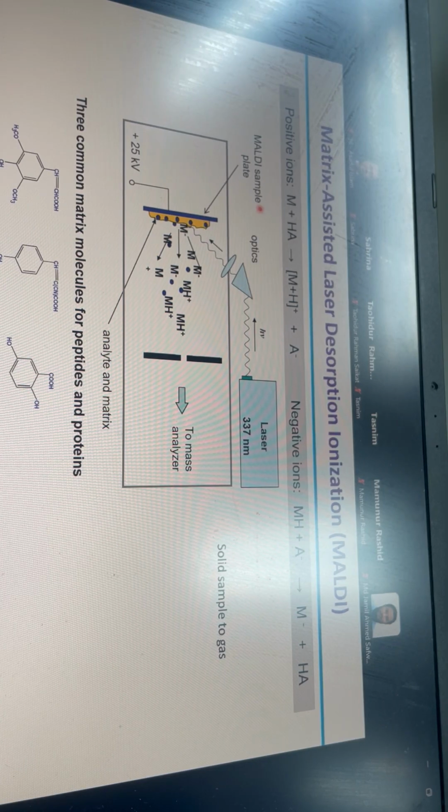As it is matrix assisted and you are also using a laser, laser desorption ionization, you are ionizing a solid sample to gas. That's why you need to apply very high voltage.